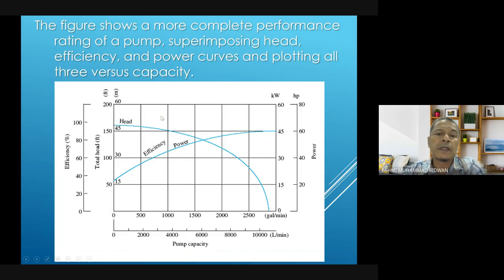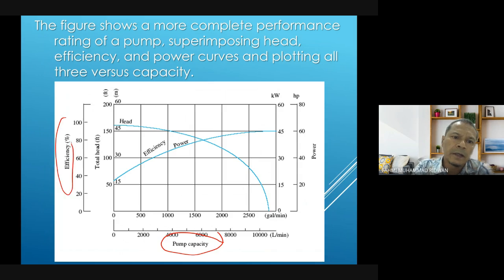And similarly, other than the correlation between flow rate and total head, we also get the correlation between the flow rate and the efficiency of the pump. So to determine the efficiency, for instance, the pump capacity is here, and the efficiency is here.